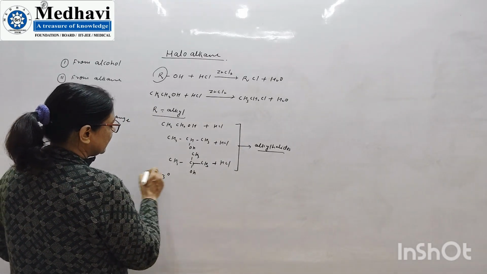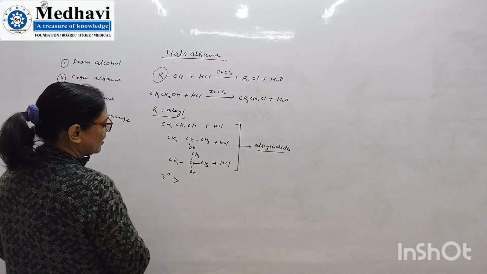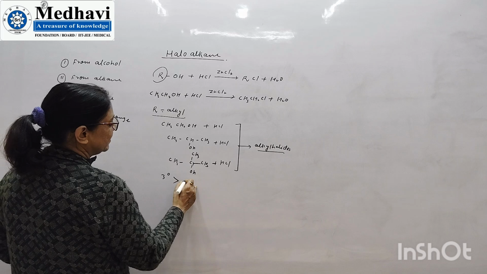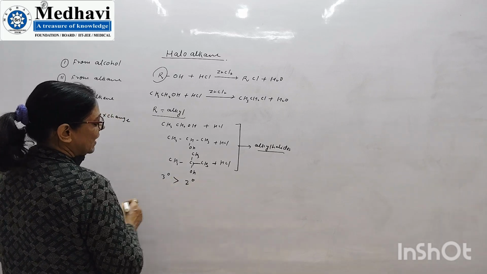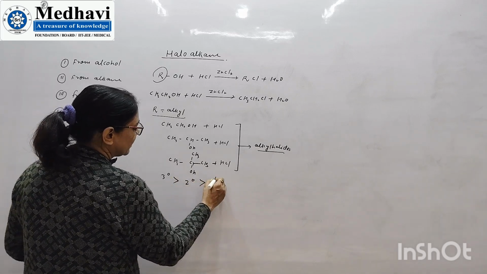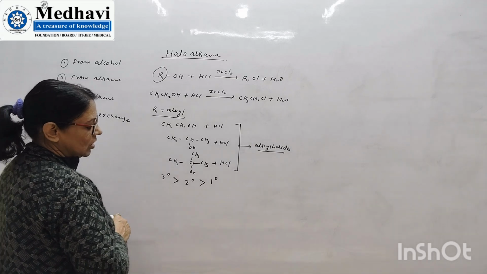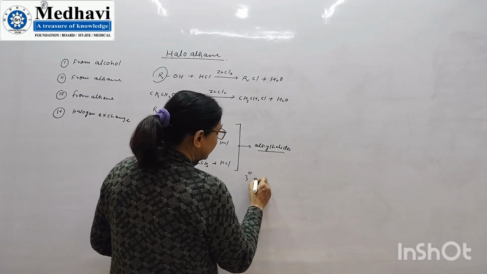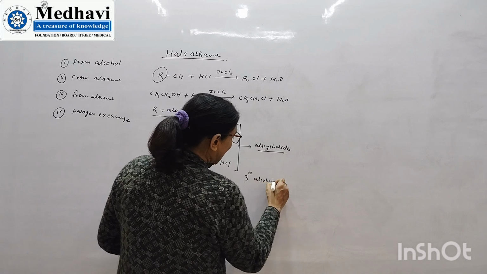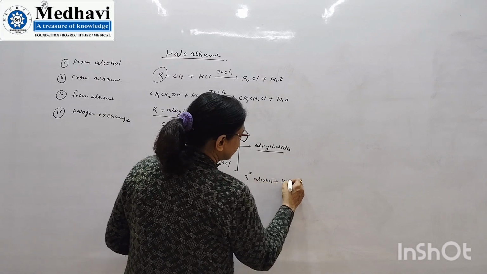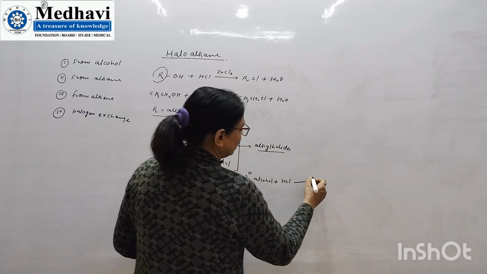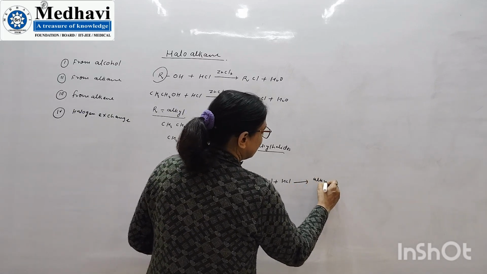3 degree alcohol is more reactive than 2 degree alcohol, and 2 degree alcohol is more reactive than 1 degree alcohol. So 3 degree alcohol directly reacts with concentrated acid, no catalyst, no zinc chloride is used, to give alkyl halide.